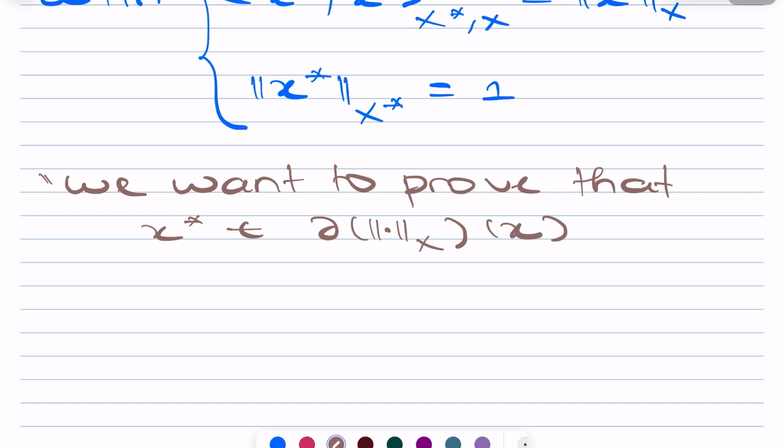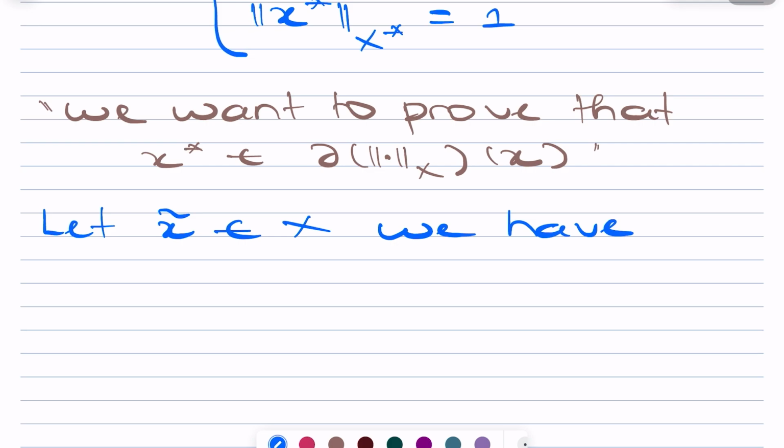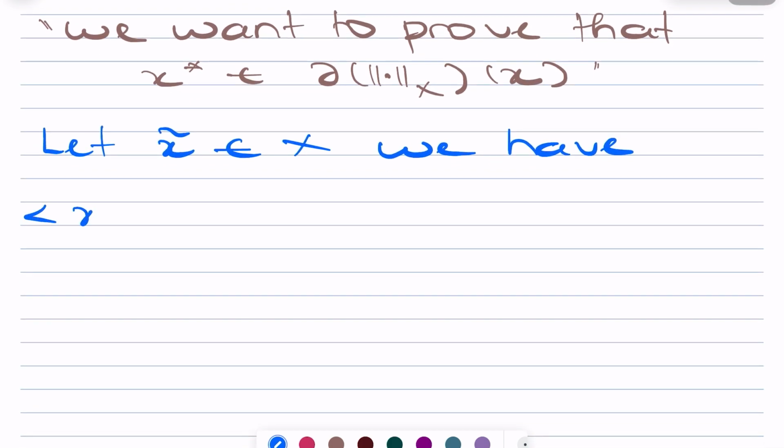Okay, so for that, let x tilde be in x. So we have x star evaluated at the point x tilde minus x.